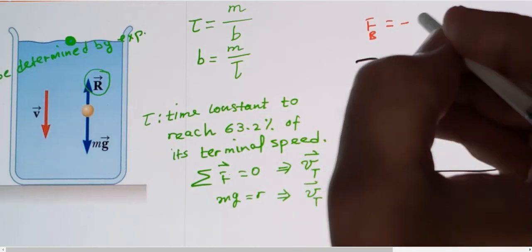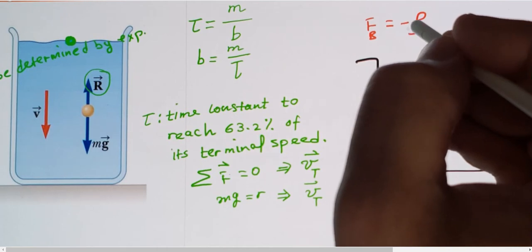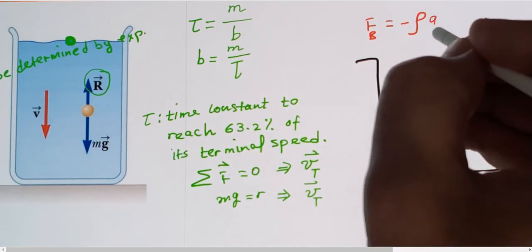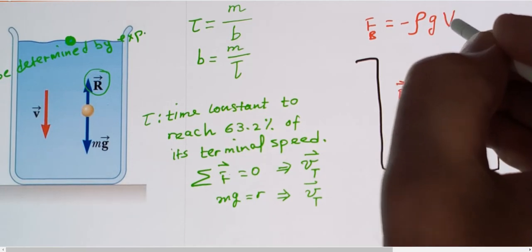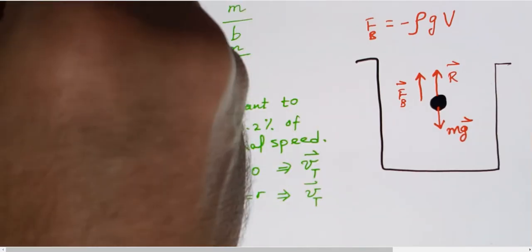And that buoyant force is equal to the density of the liquid multiplied by the gravitational acceleration g multiplied by the volume of the object.